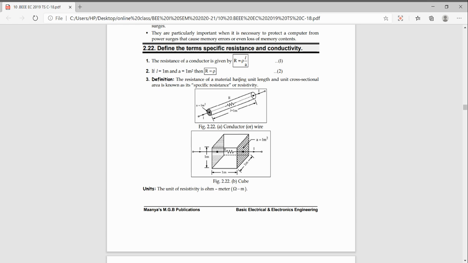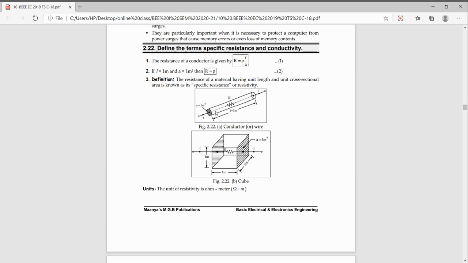The resistance of a material having unit length and unit cross-sectional area is known as its specific resistance, which is also called resistivity.